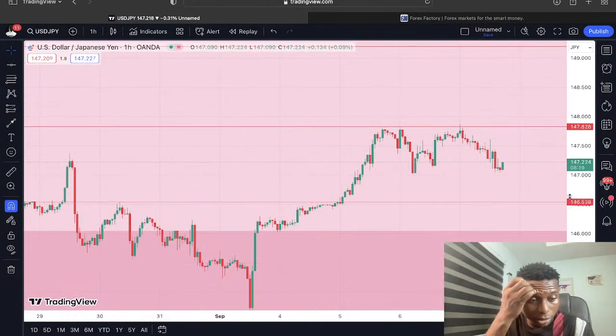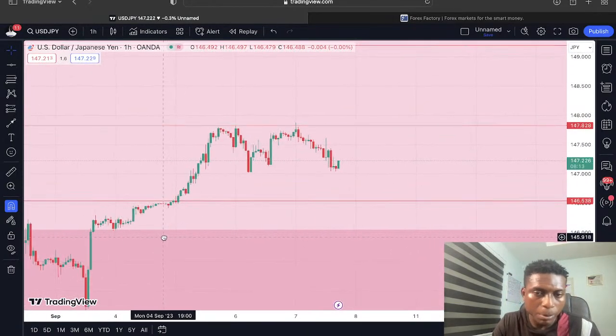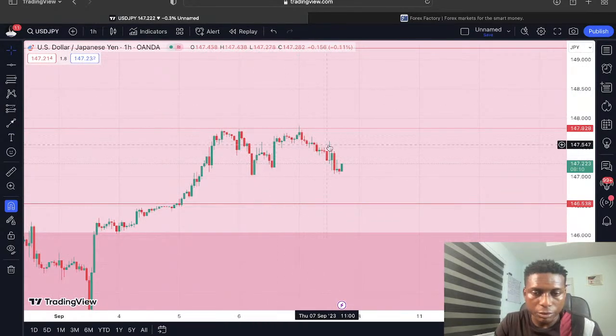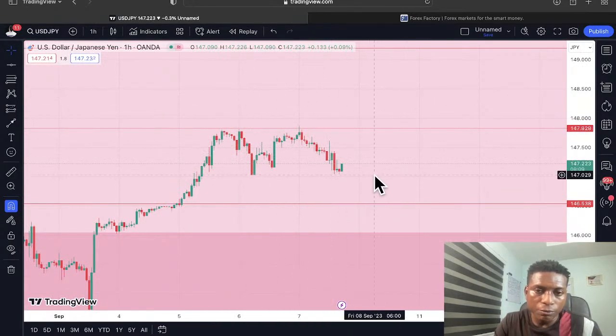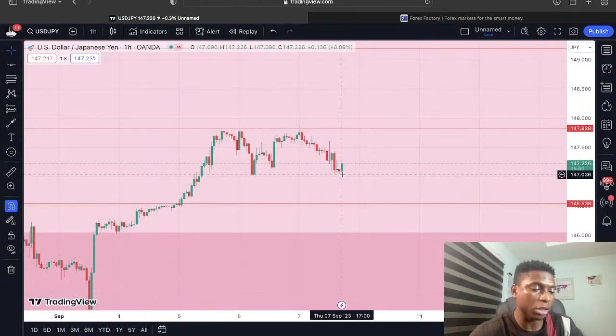Like I said, these time frames give us perspective into what is currently happening. So for the overall market, for swing traders, you can hold a buy position on the Euro USD.